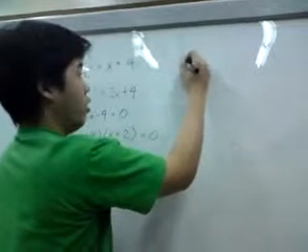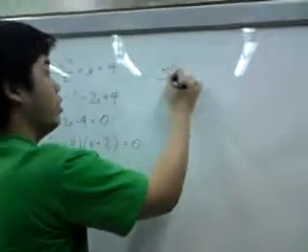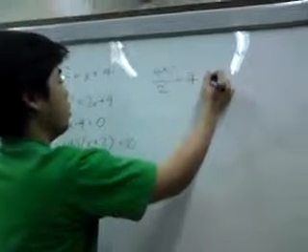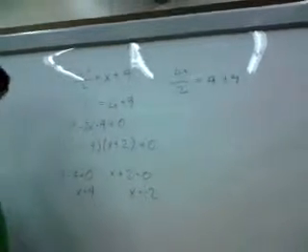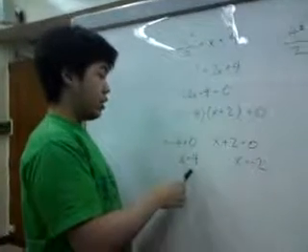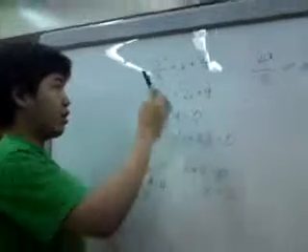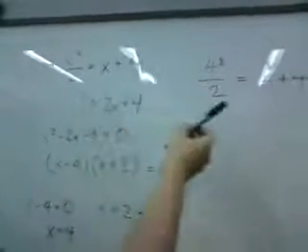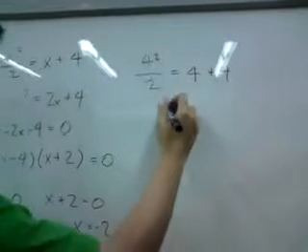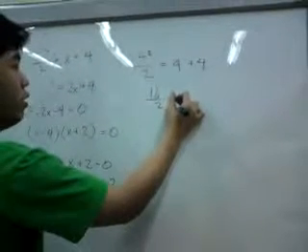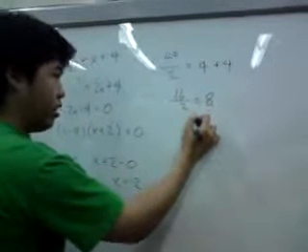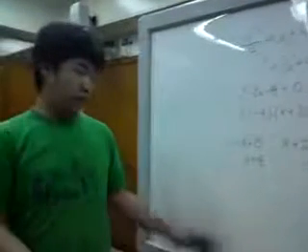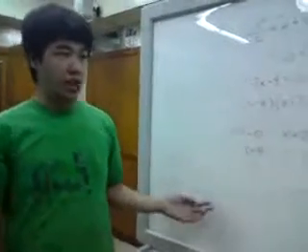So we have 4 squared over 2 equals 4 plus 4. Since we are trying to check if 4 is a correct value, we exchange the x in the whole equation to 4. So 4 squared is 16. 16 over 2 equals 8. 8 equals 8. So the value of 4 for x is correct with the solution.